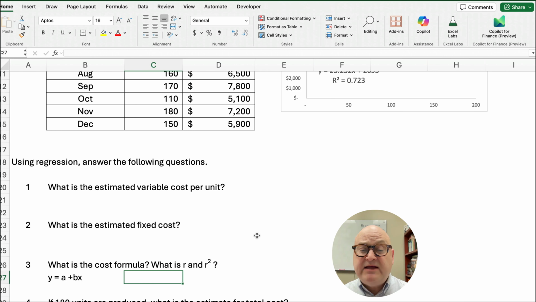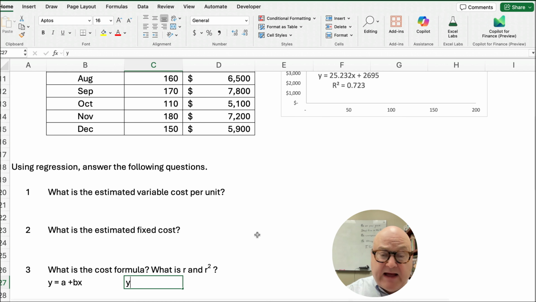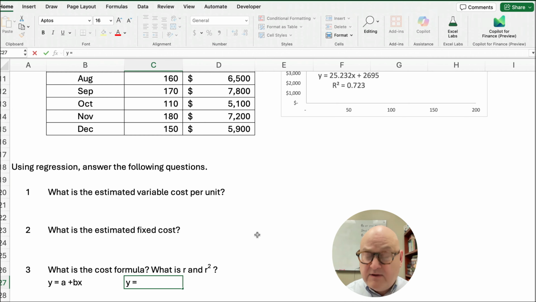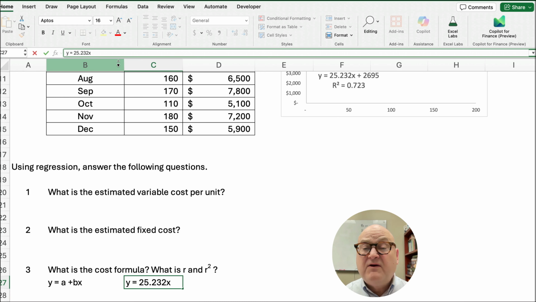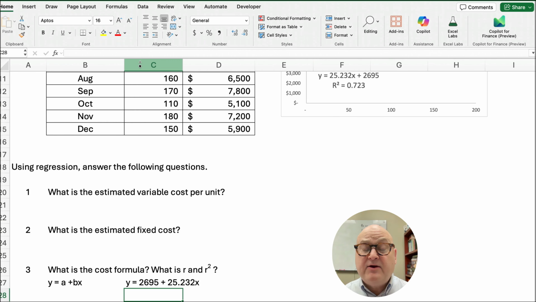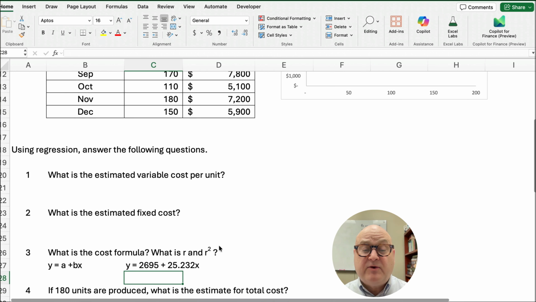The cost equation is Y equals 25.232 X, and then the A number is 2695. So Y equals 2695 plus 25.232X. Now here we know the R squared number, which is typically what we want to know.